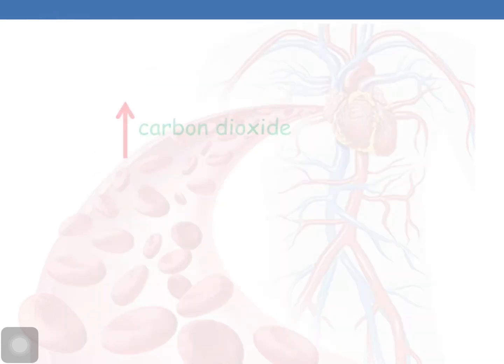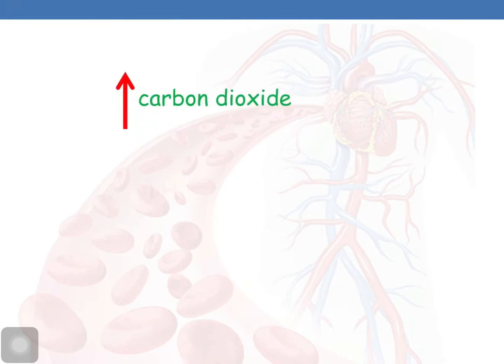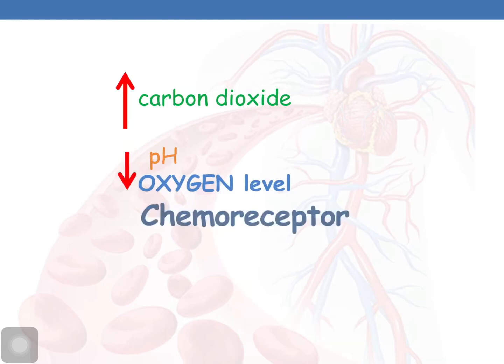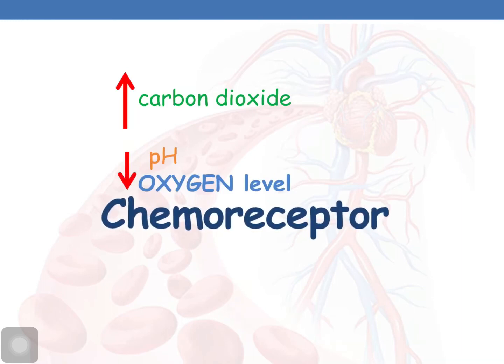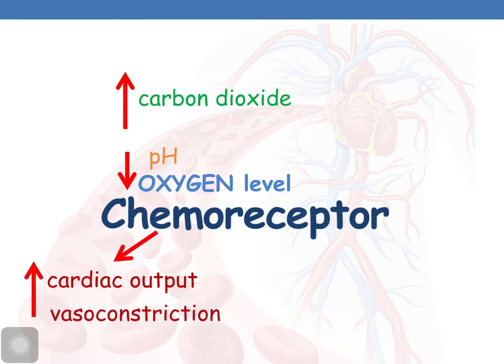When the carbon dioxide level rises, the pH falls, and the oxygen content of the blood drops sharply, the chemoreceptors, on the other hand, located in the aortic arch and large arteries of the neck, transmit impulses to the cardioacceleratory center, which then increases cardiac output, and to the vasomotor center, which causes reflex vasoconstriction.